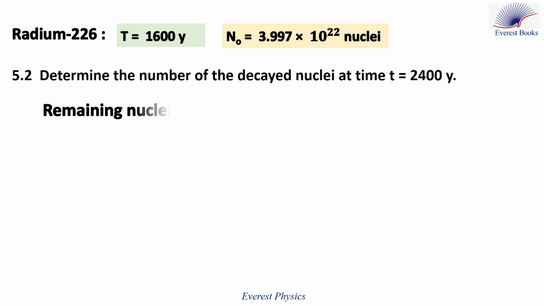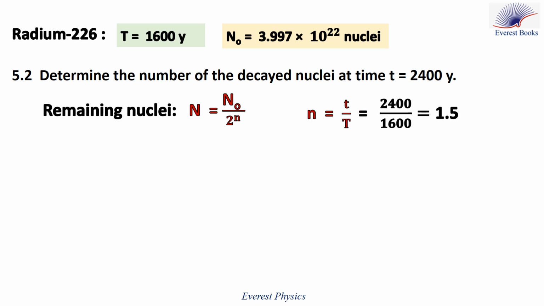So let's start by calculating the number of the remaining nuclei. So we need to calculate small n. We should divide the time by the half-life. This gives 1.5. So replace small n by 1.5 and N0 by this value.